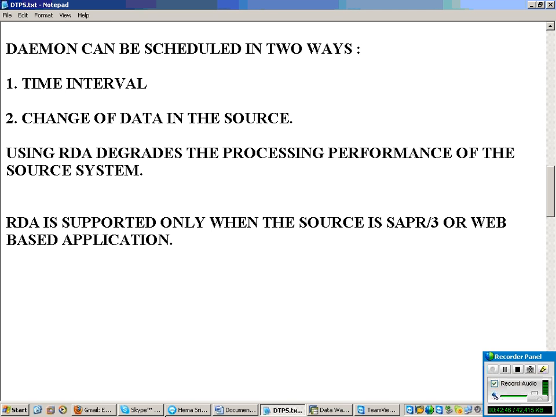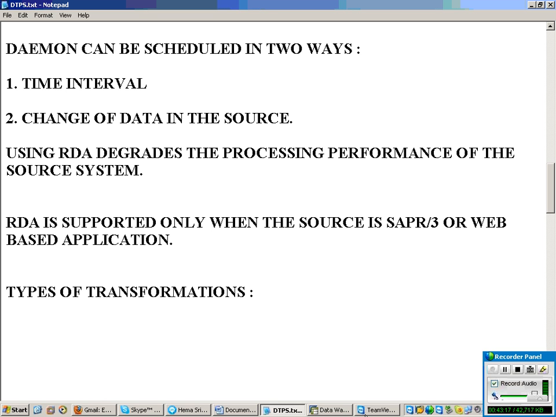So next what we are going to discuss is types of transformations. What are the types of transformations? What exactly is a transformation? It is how your data has to be transformed from PSA to target.